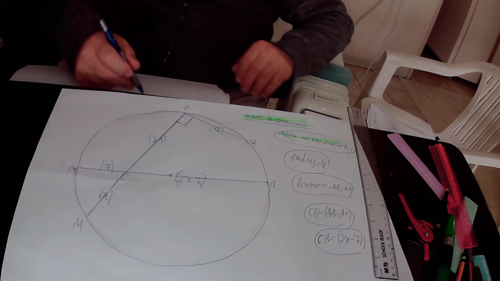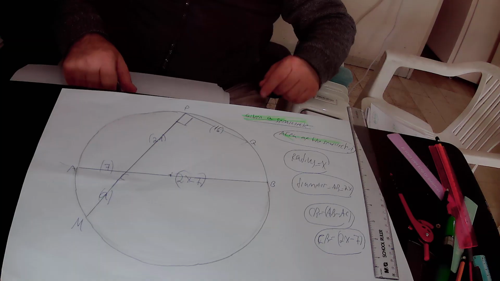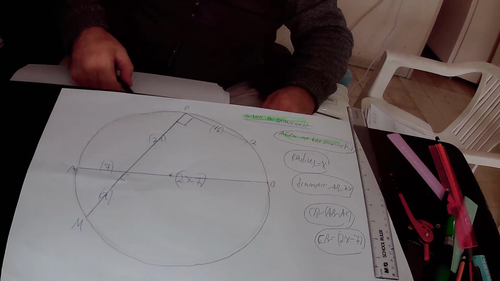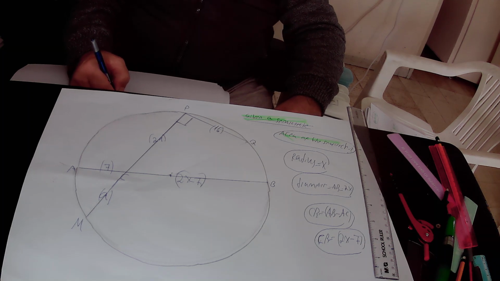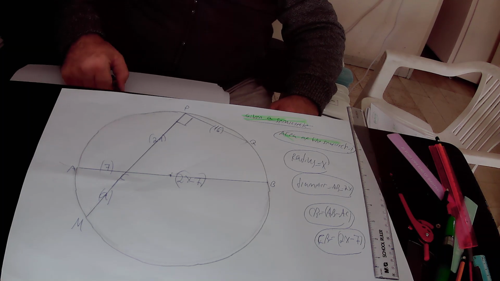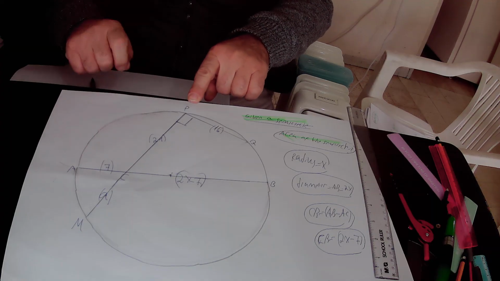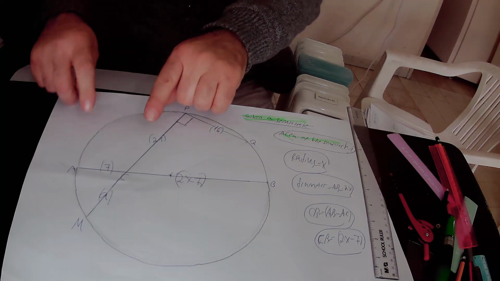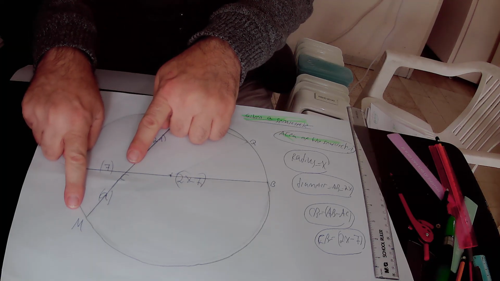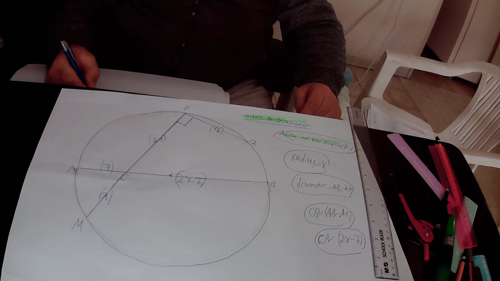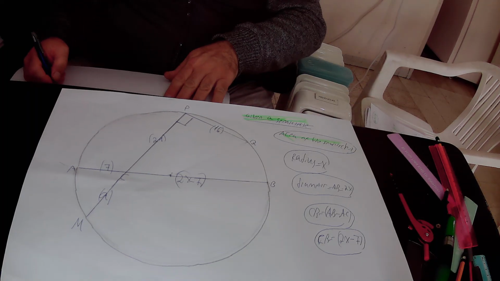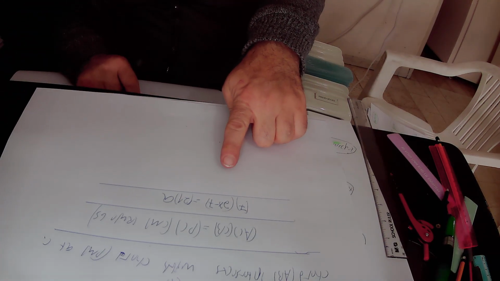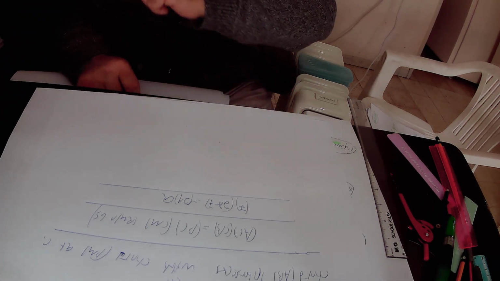AC is 7 times CB. CB is 2x minus 7. And it equals PC. PC is 21 times CM. CM is a according to our definition. So in total, we found that 7 times 2x minus 7 equals 21a.